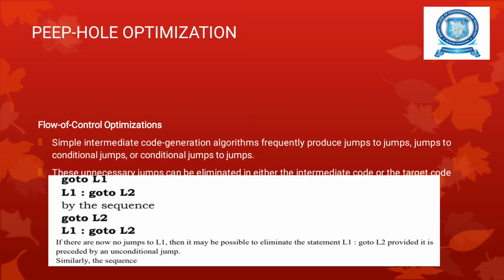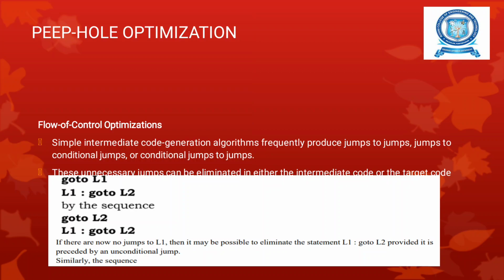Next, flow of control optimizations. Consider one goto statement that moves to a location that we defined by the label L1. L1 has a goto L2, and then L2 has some definitions.